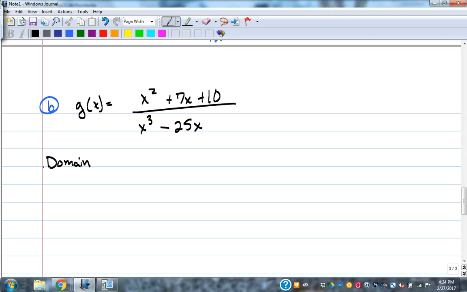So again, before we do anything, we're going to find the domain of this problem. So how do we find the domain again? Right. So x cubed minus 25x equals 0.